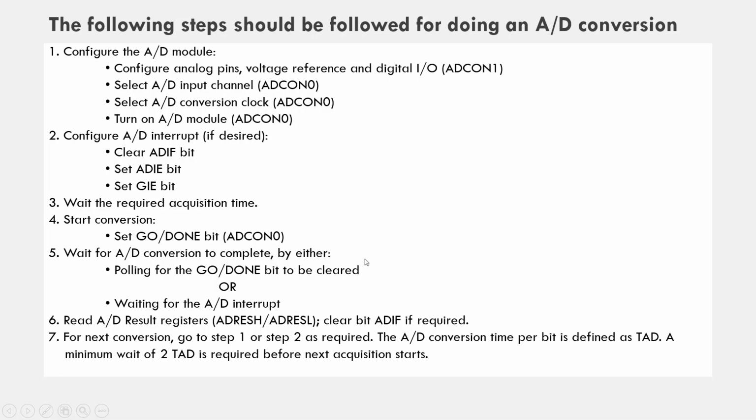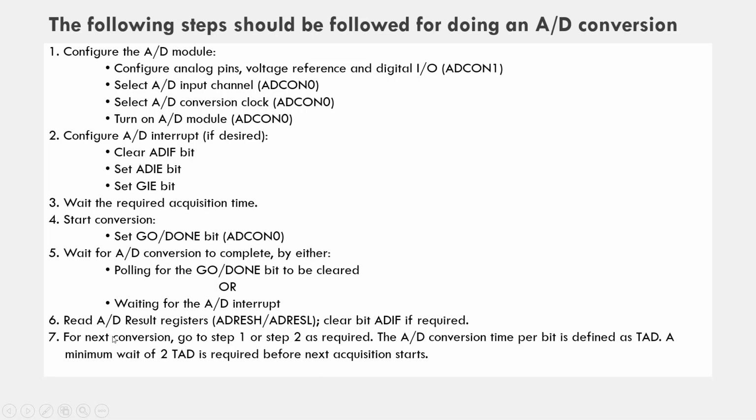After the interrupt or after the polling time, the result is placed in the ADRESH and ADRESL registers. Then step number 6 is to read the analog to digital converter result registers, that is the ADRESH and ADRESL registers, and after that clear the ADIF bit if required.